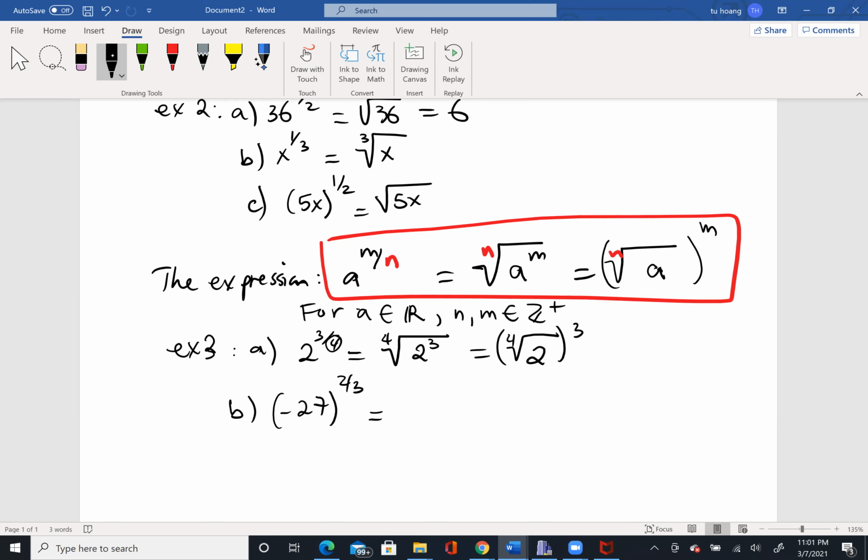Let me rewrite this as a cube root, right? Because the denominator of the power is 3.